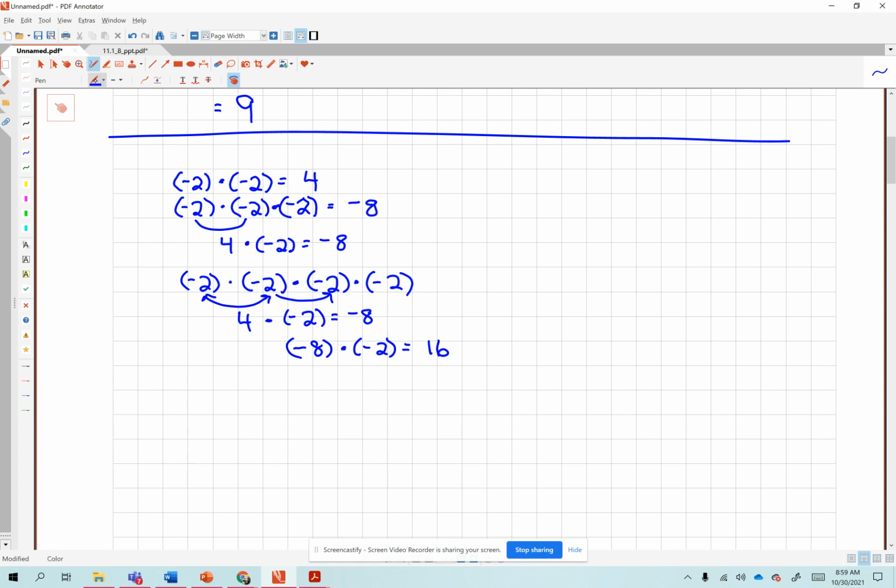So I don't know if you can see what's happening here, but when we multiply an even number of bases, in this case the negative 2, it produces a positive number.